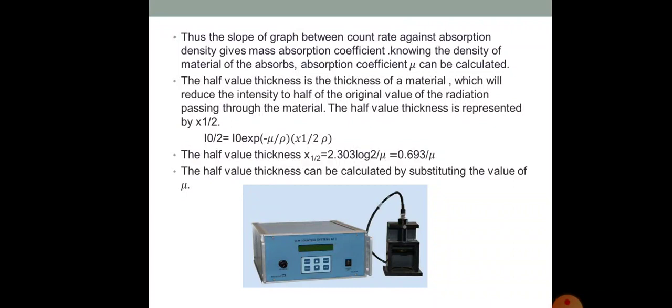So I0 by 2 equals I0 exponential minus mu by rho into x half rho, and the half value thickness x half equals 2.303 log 2 by mu, or 0.693 by mu. The half value thickness can be calculated by substituting the value of mu.